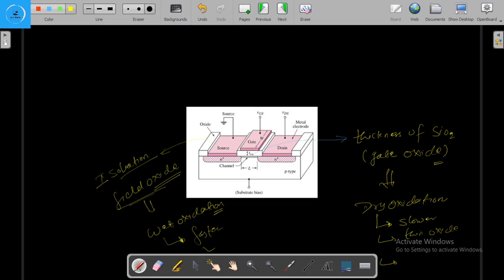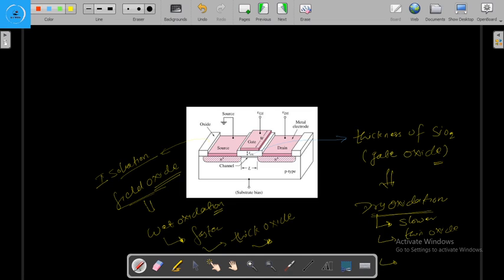Its thickness is thick, it is a thick oxide, and its electrical property is a little bit bad as compared to the dry oxidation.